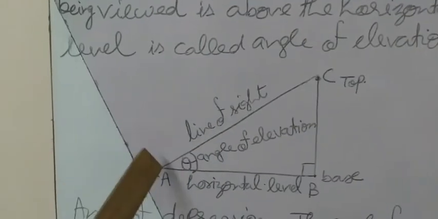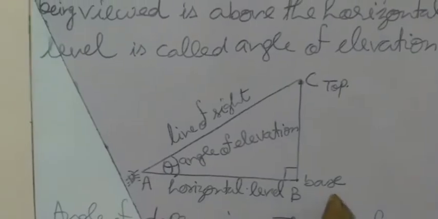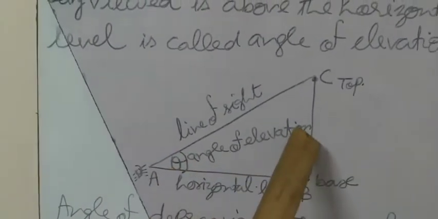So the angle made by the line of sight with the horizontal plane is theta. So this theta is the angle of elevation.